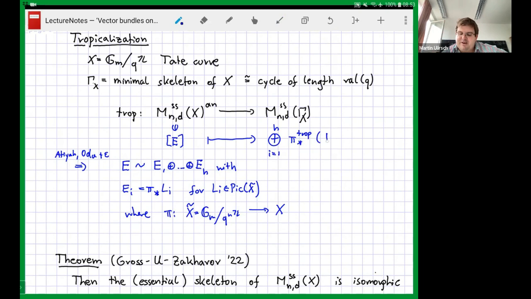Then you just tropicalize the line bundle, by extending it, taking multi-degrees, and then taking equivalence classes, as I explained in the beginning of this talk. So this gives a well-defined tropicalization map.